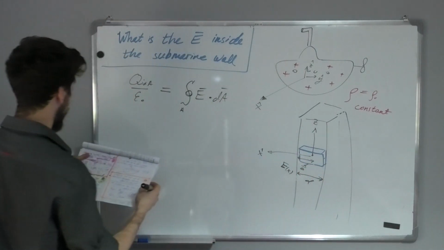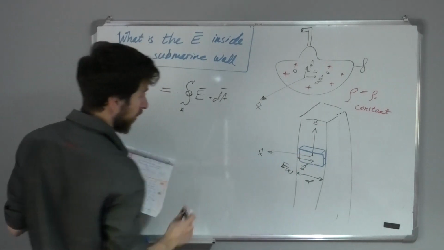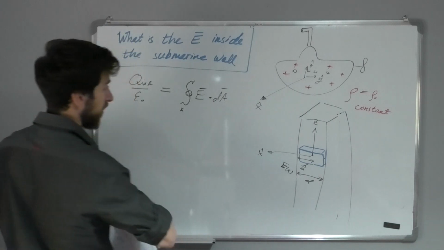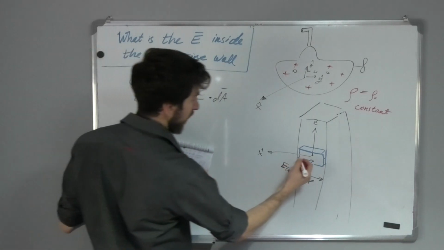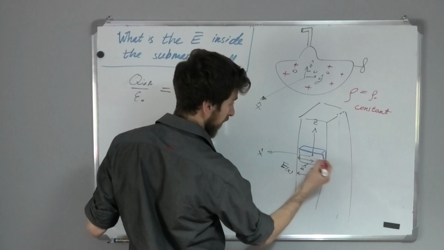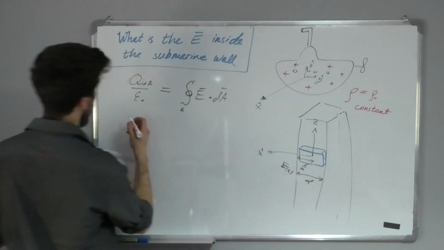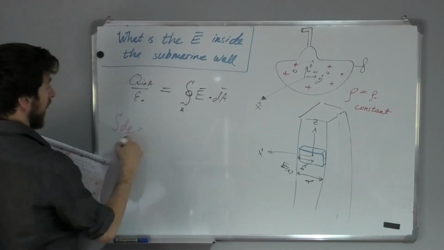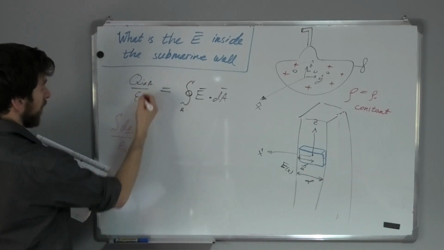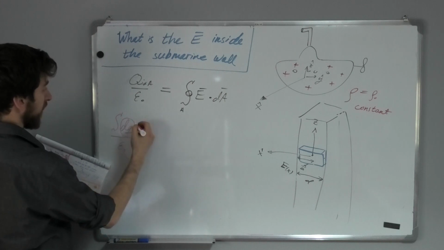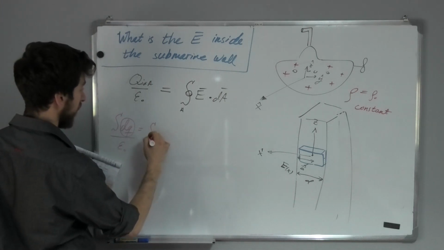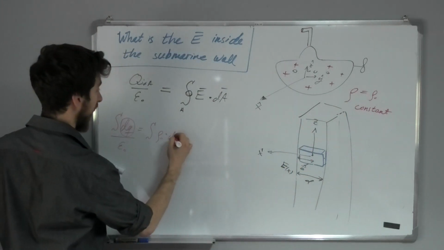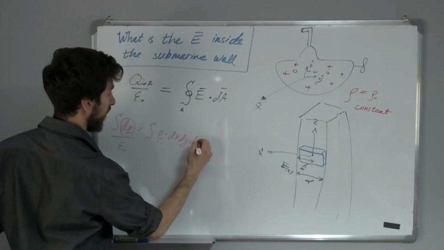So if you do the box, you see this box, I can calculate the charge inside the box. What is it? It's actually the volume of the box. It's the integral of dq, and we know that this dq is actually rho 0, which is a constant, multiplied by dx dy dz.